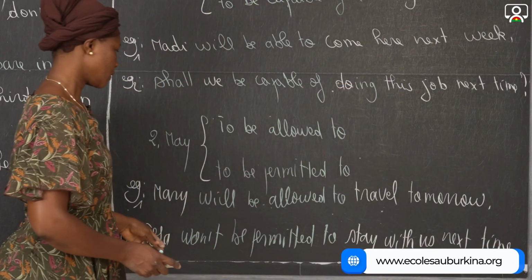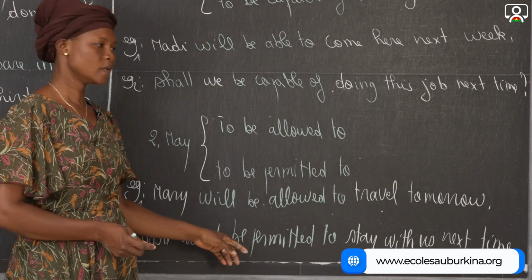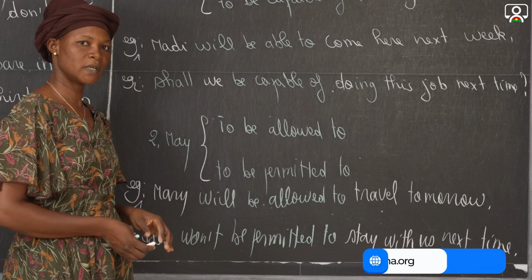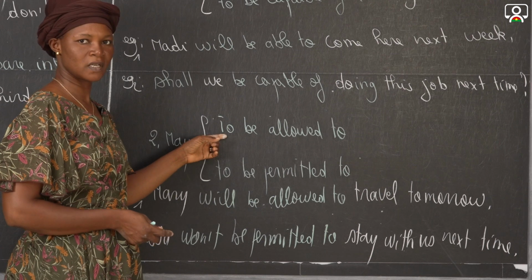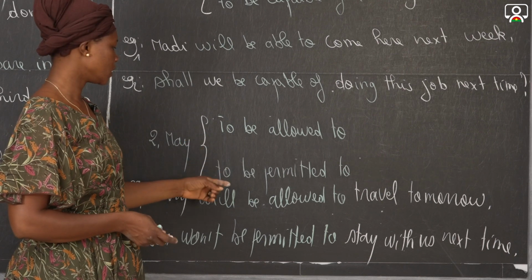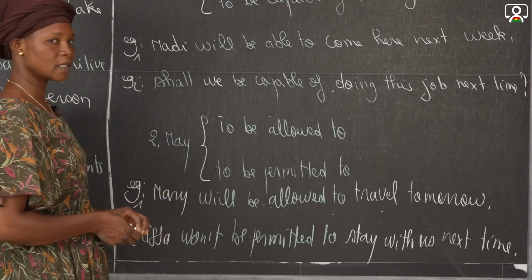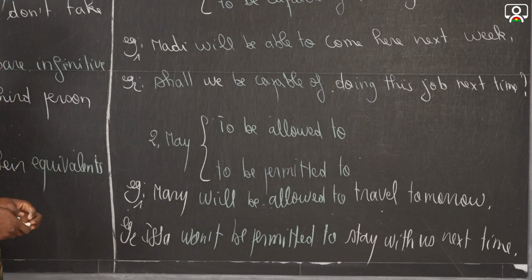So this is the way we use the equivalent of may. So remember that there are to be allowed to and also to be permitted to for may.